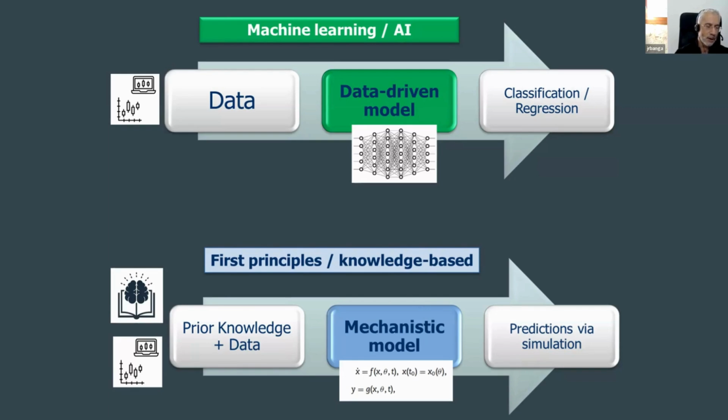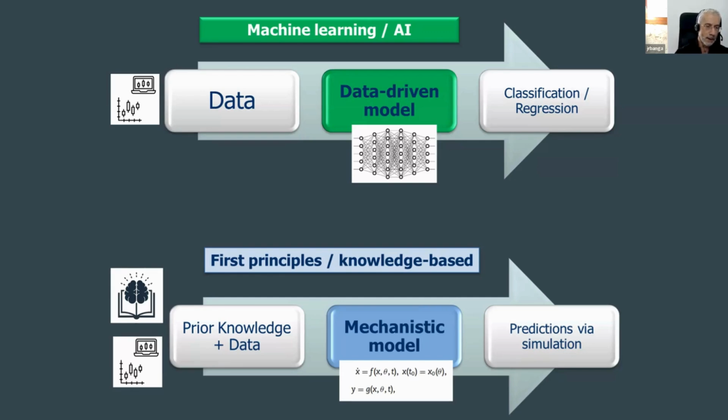And this prior knowledge is usually encapsulated, is usually provided as a model, usually a mechanistic model. Okay, so we have some theory, we have some evidence of some mechanisms going on, and we encapsulate that knowledge into a mechanistic model.